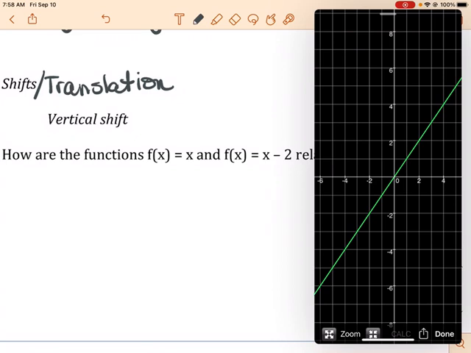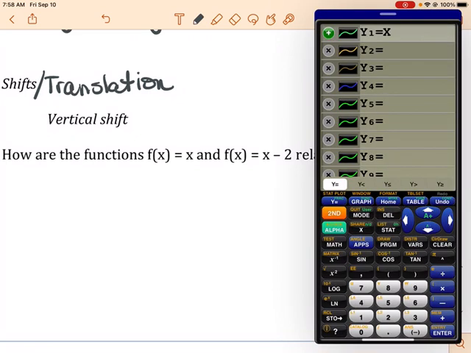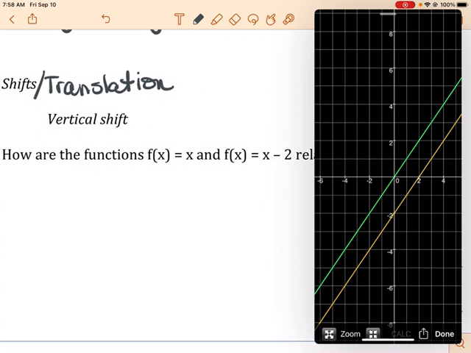Linear equation. Now, if our next equation is x minus 2, that's the orange one, what happened? It moved.